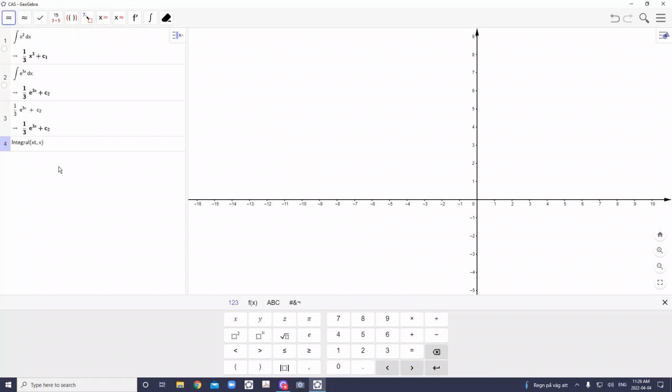You can just tell GeoGebra which one is my variable. So I am telling GeoGebra, find a primitive function for x times t, but I am telling GeoGebra that x is the variable, not t. So it means t is a constant, like 5, like 10. So let me ask you, what is a primitive function for 5x?